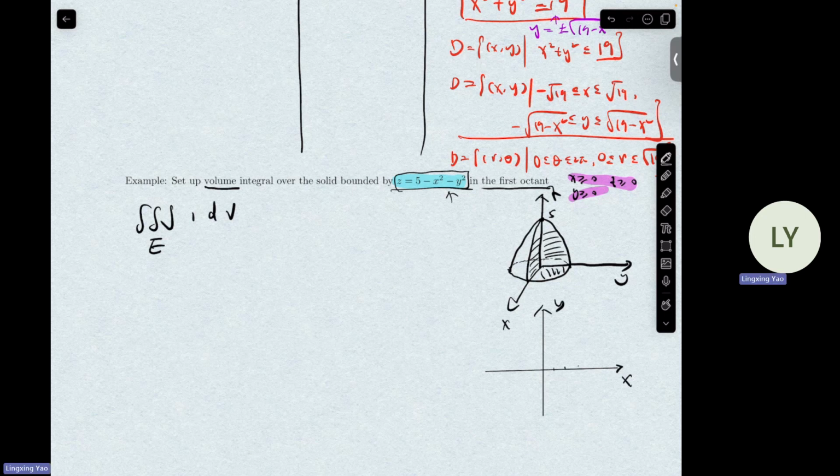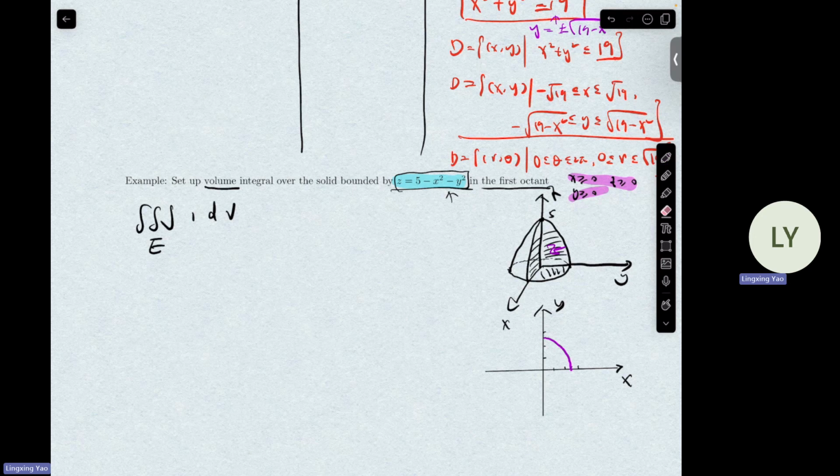The projection of this volume E over here will be D, right? That is a part of this circle.